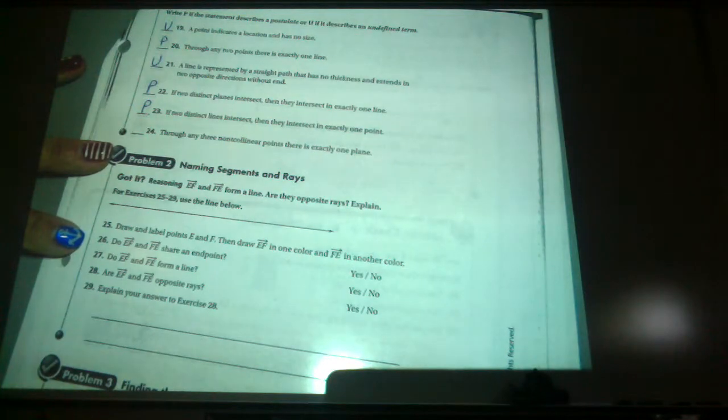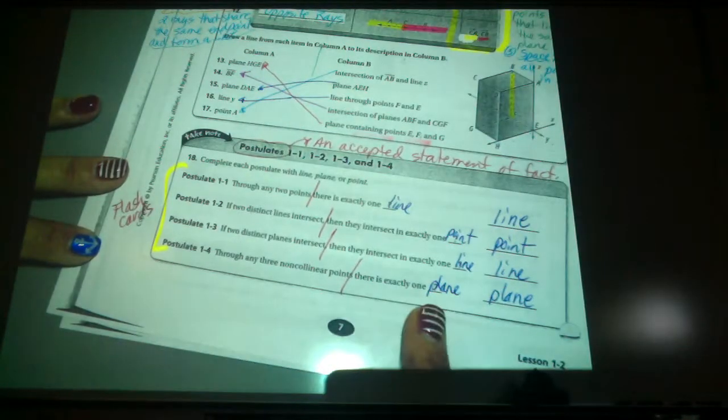And then through any three non-collinear points, there's exactly one plane. That one you could say is a definition or a postulate, but they're going to say that it's a postulate because that is exactly the one that we had back here. But technically, that's also the definition. Which is another reason why I'm not going to be picky as to whether you know what it is. Who cares if it's a definition or a postulate? All right.